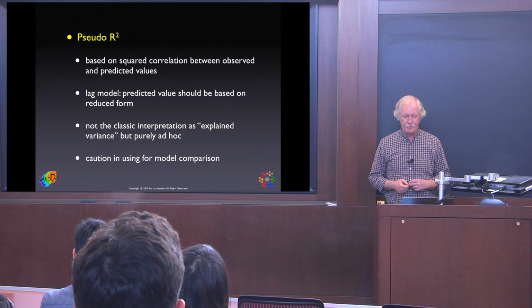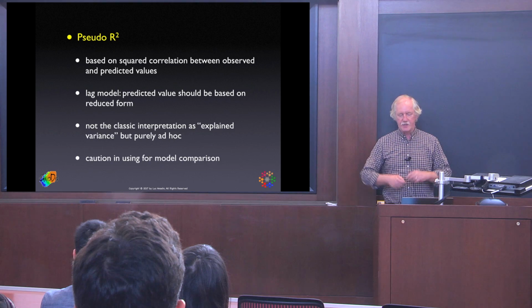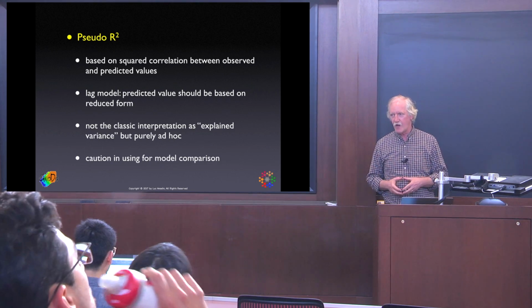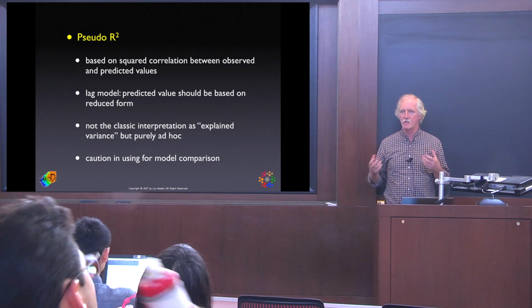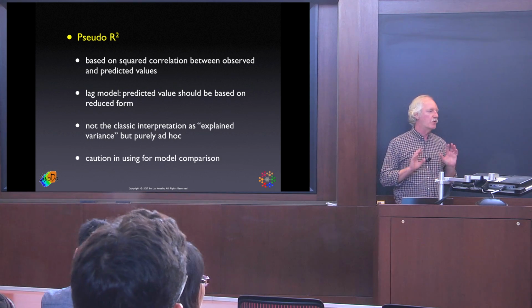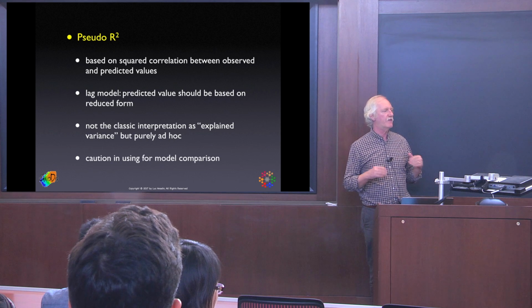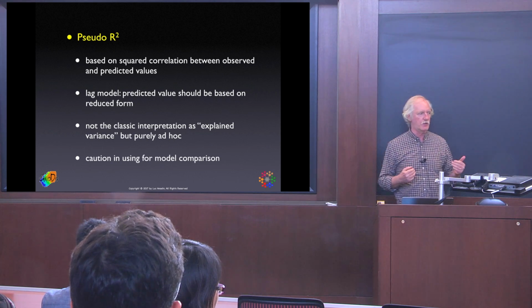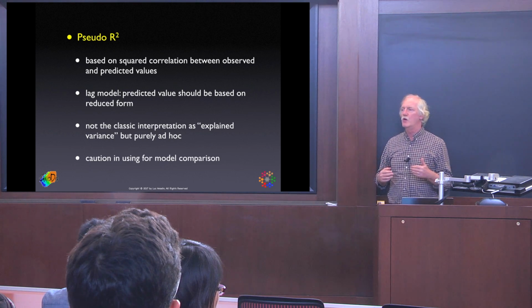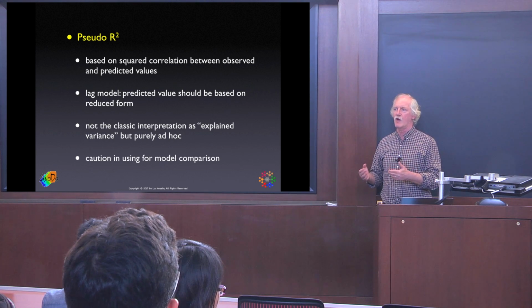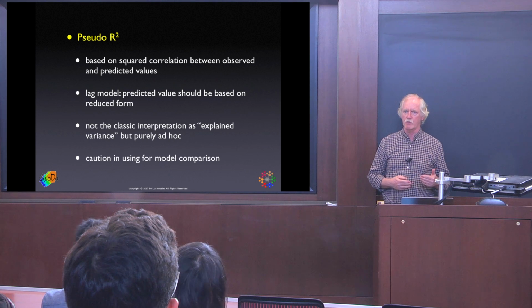Right? And it's an R square, it looks like an R square, but it's not a real R square, right? That's important to keep in mind. So it doesn't reflect this notion of explained variance proportion, but it is roughly true that a larger pseudo R square is better than a smaller pseudo R square.